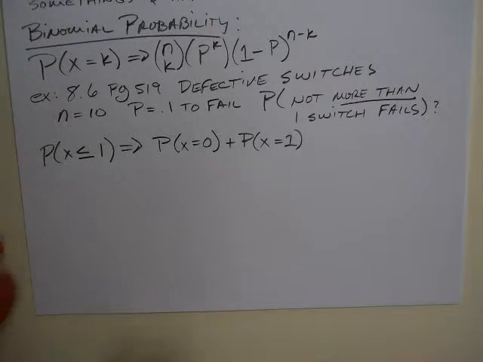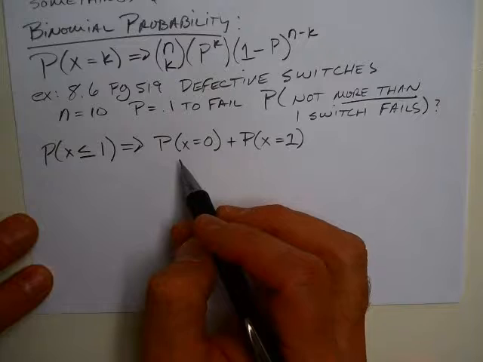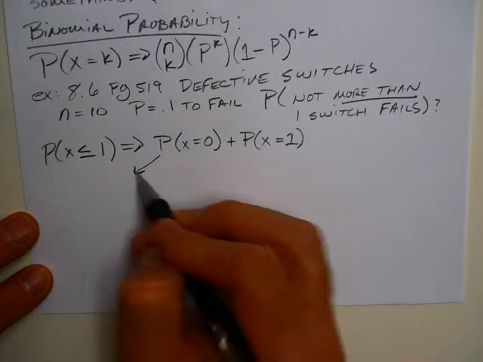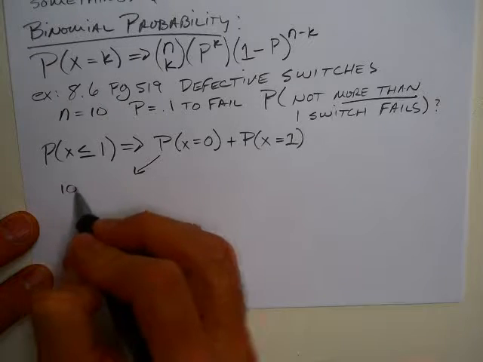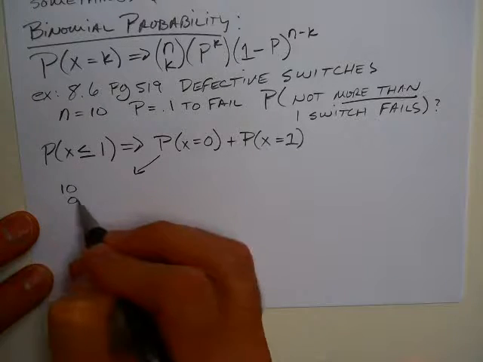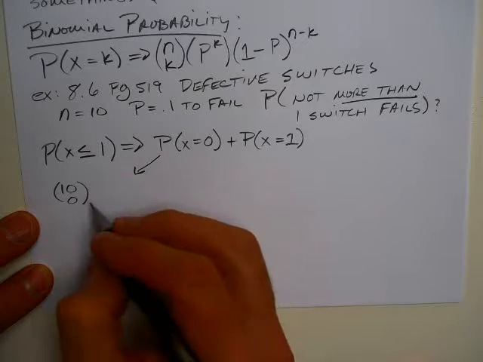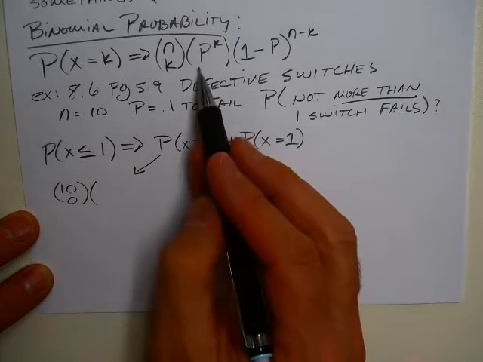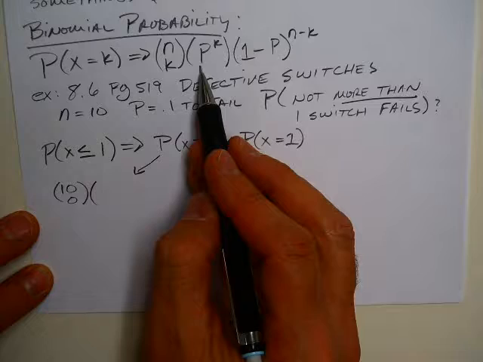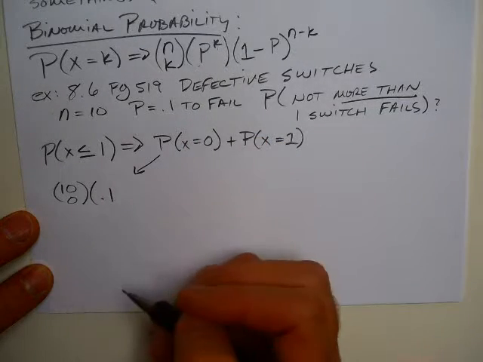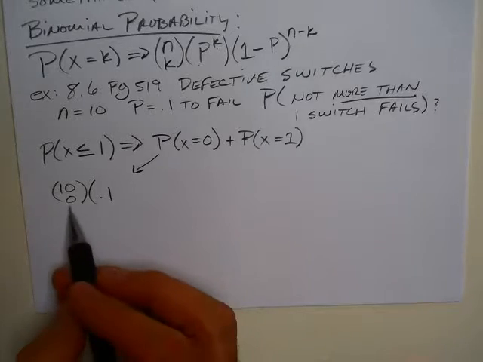So here's where we go from there. The probability that x equals 0 is going to be this guy. 10 switches, 0 failures, this is our coefficient, times the probability to the k power. 0.1 is the probability. What's the k power?